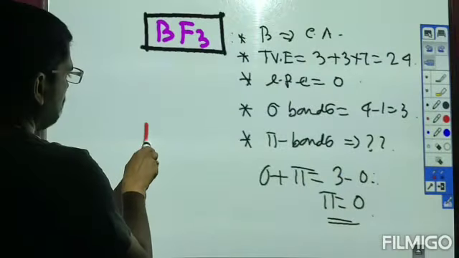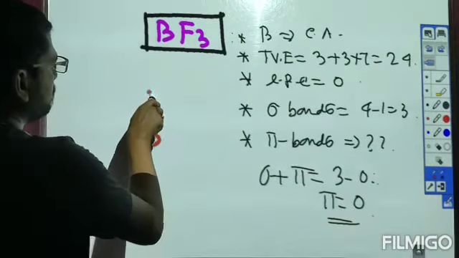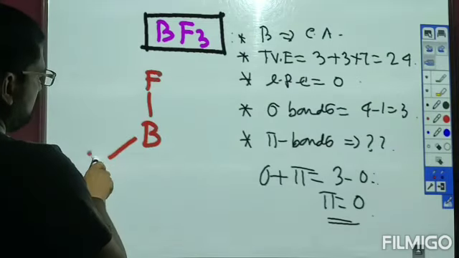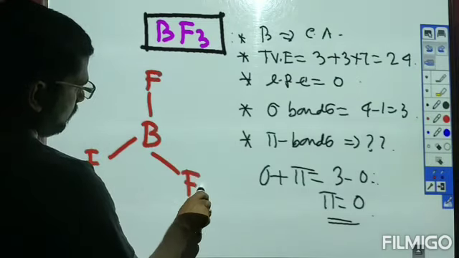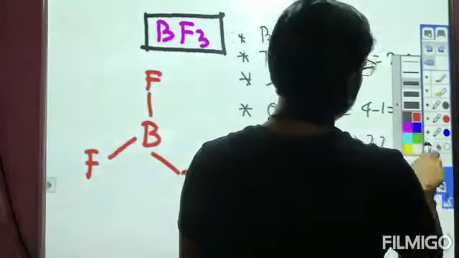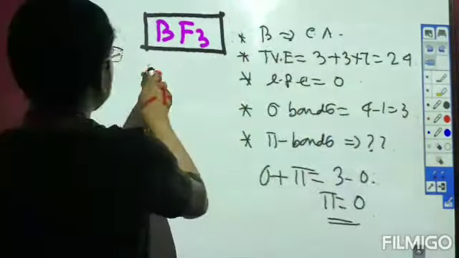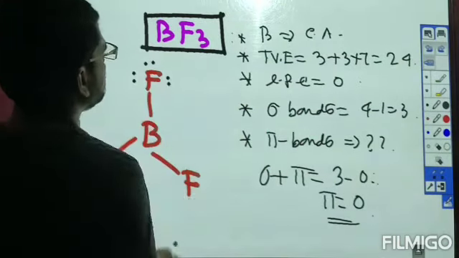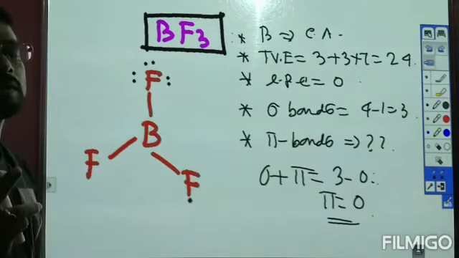Okay, boron sigma bond কত? Number of sigma bonds 3, no lone pair of electron. For fluorine, 2, 4, 6 because fluorine has 7 electrons in its valence shell.